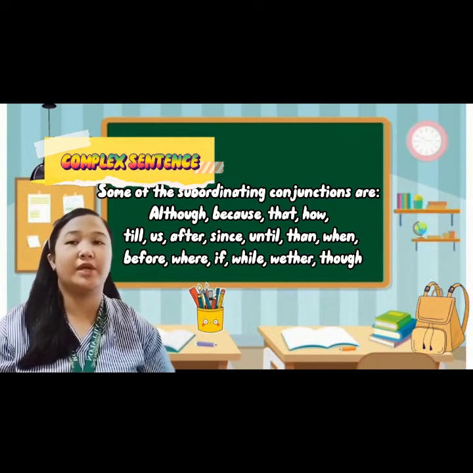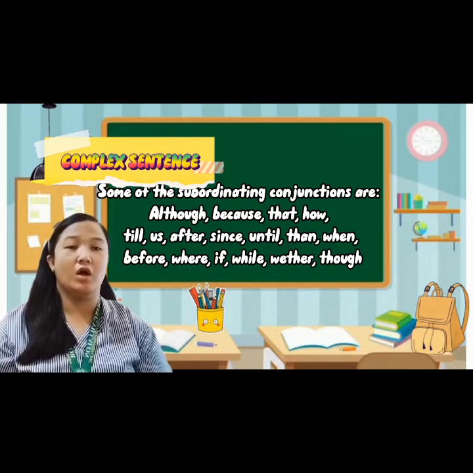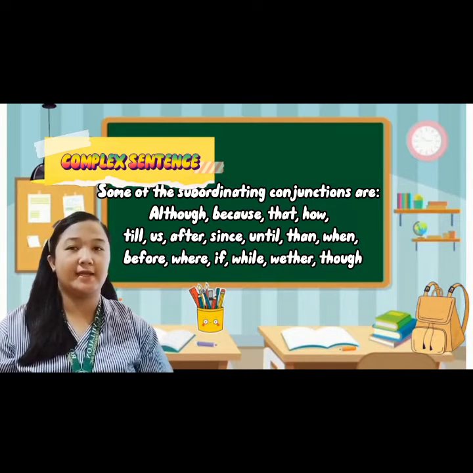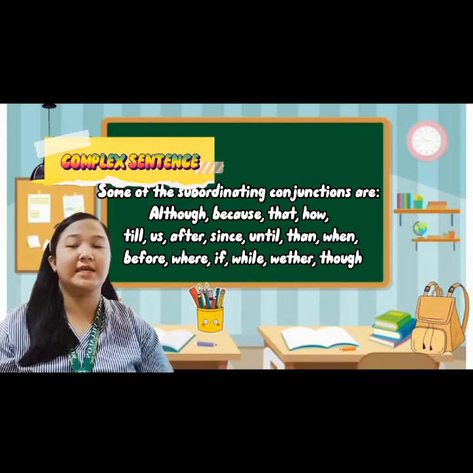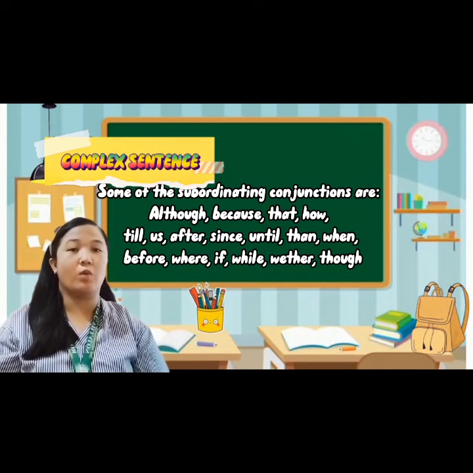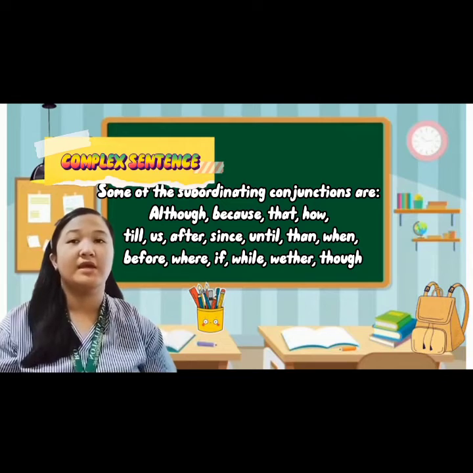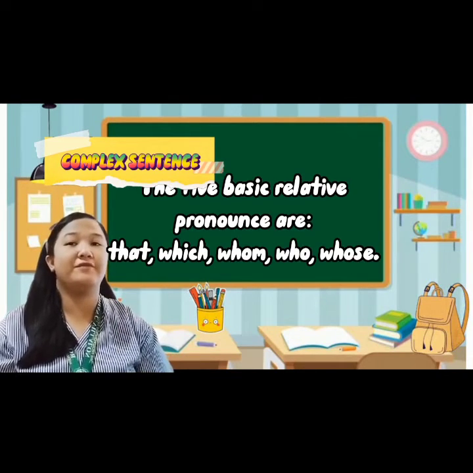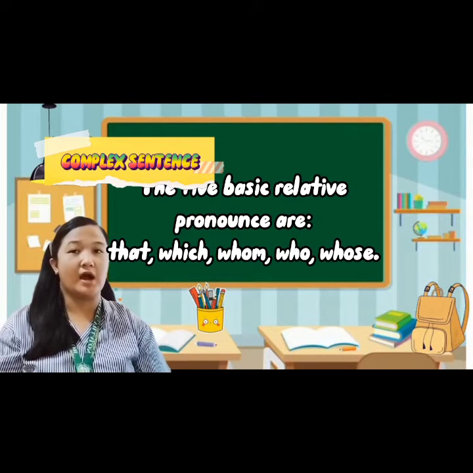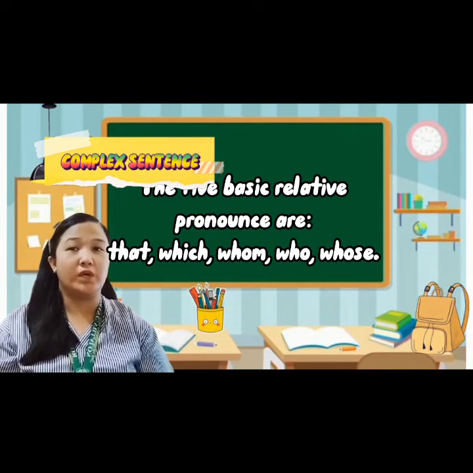Some of the subordinating conjunctions are although, because, that, how, till, as, after, since, until, than, when, before, where, if, while, whether, and though. The 5 basic relative pronouns are that, which, whom, who, whose.